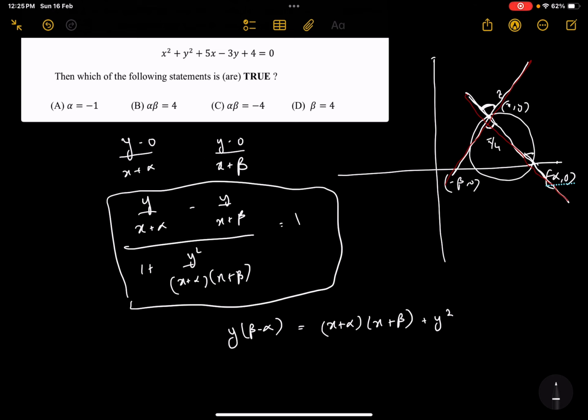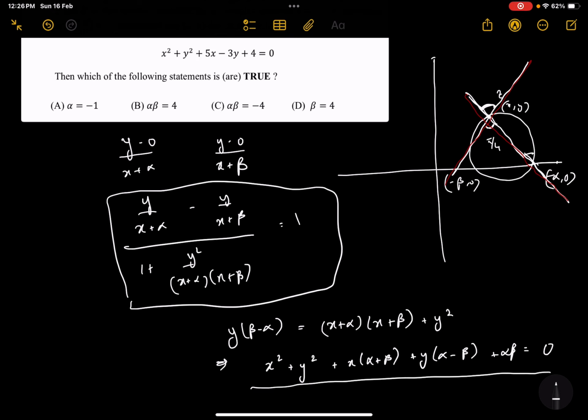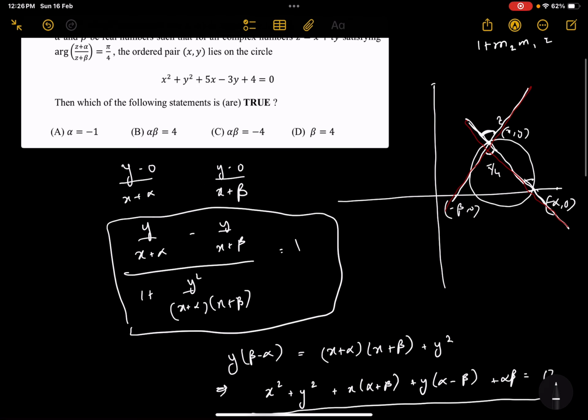So this is x square plus y square plus x times alpha plus beta plus y times alpha minus beta plus alpha beta equals 0. And so we are given that the locus of xy is this circle.